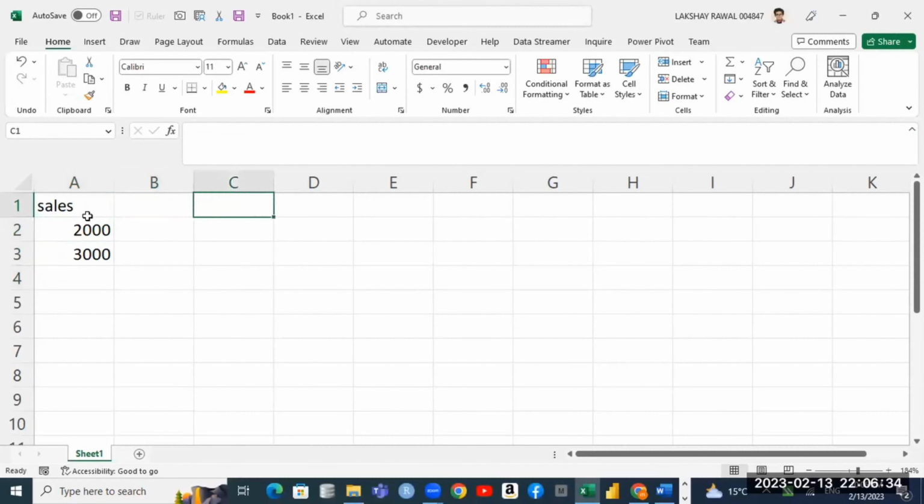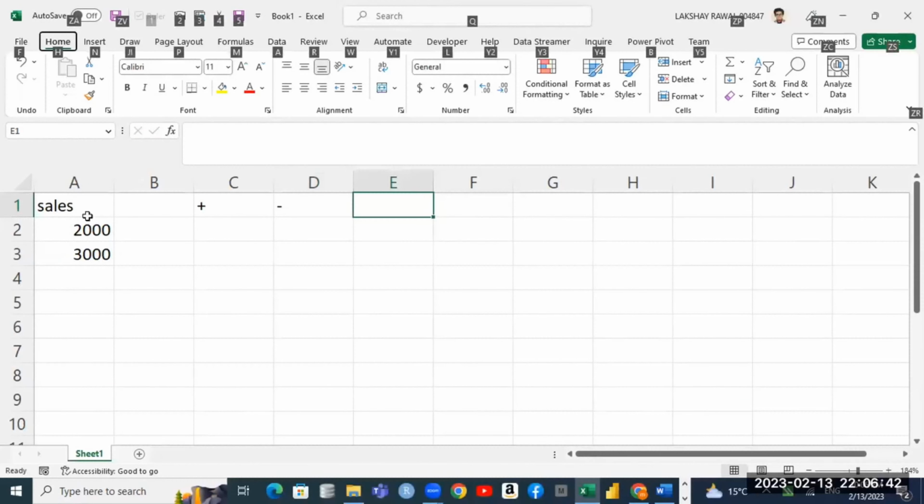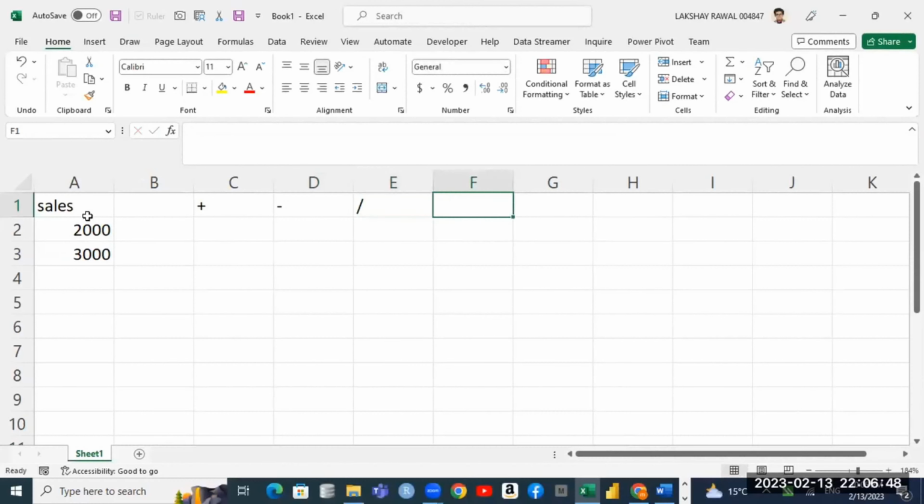We have understood how to do plus in Excel: we use the plus sign. For minus, we use the minus sign. For division, we use the slash sign. And for multiply, we use the asterisk sign.